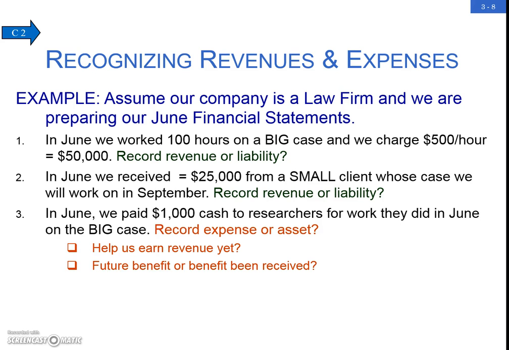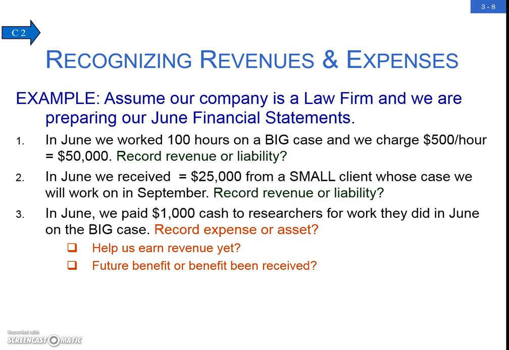Example number 3. Let's say in June, our law firm now pays $1,000 cash to researchers for the work they did in June on the big case for us. Do we record an expense or have we gotten an asset, right? These are the two questions I want you to ask. Has it helped us earn revenue in the past or presently?